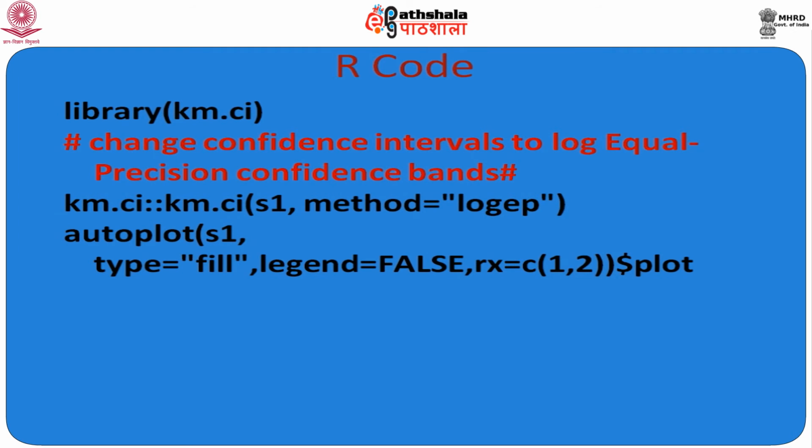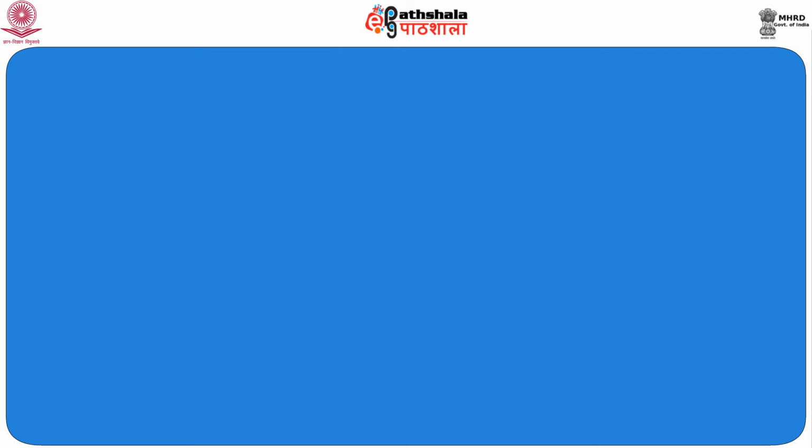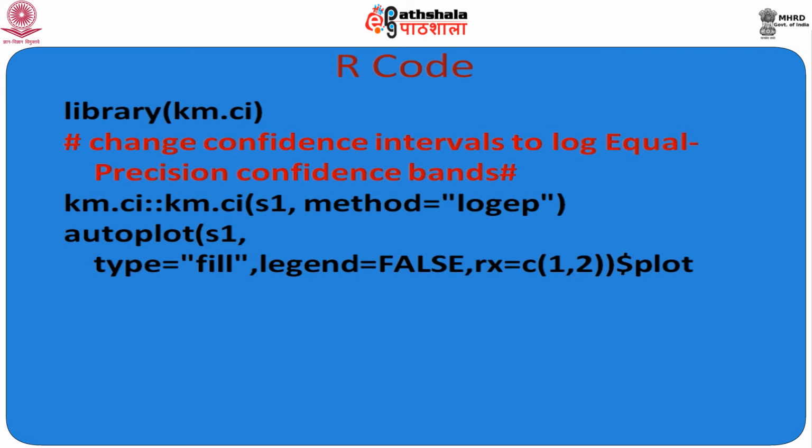Here, if we put S1 with the method log EP, we will get a certain confidence interval. It is requested to check the various types of options for confidence interval in the library. Basically, three types of confidence interval are produced by this library.